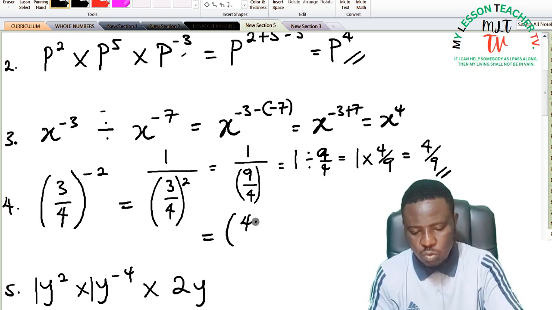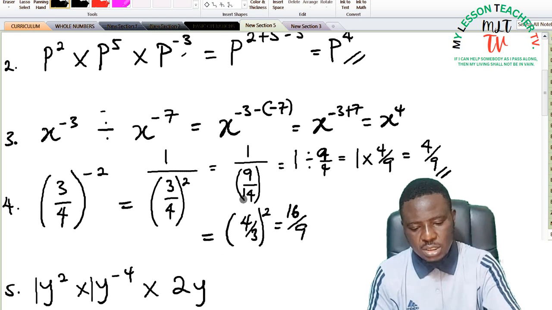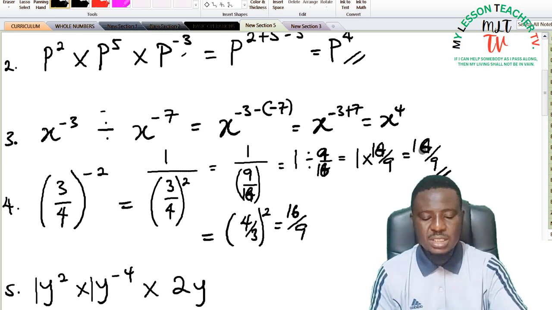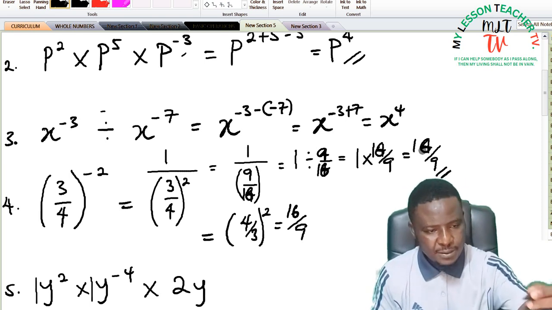So this is equal to 4 over 3 all squared, which you can then put as 16 over 9. Sorry, this is 16, so this is 16 divided by 9.